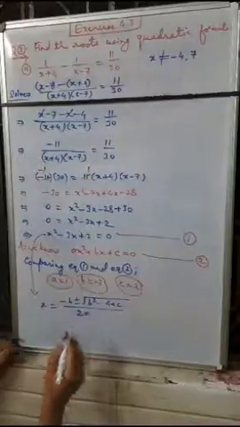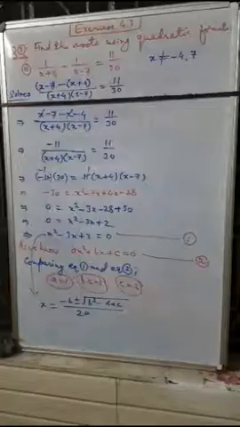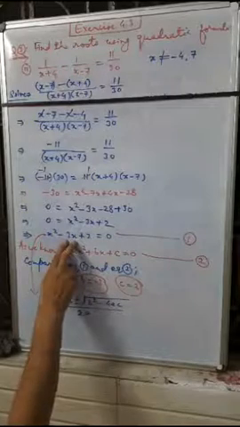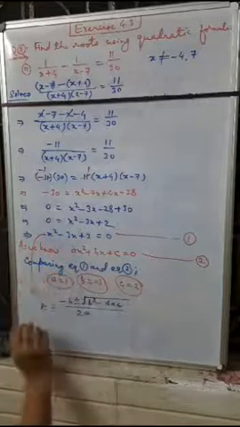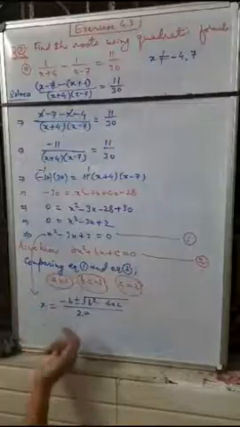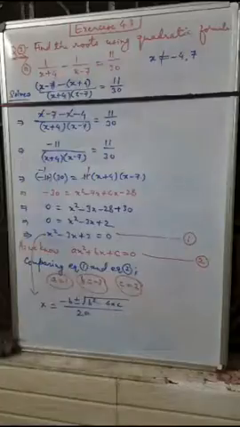It is called the quadratic formula for finding the roots of any quadratic equation. We can also split the middle term, but in this exercise we must find the roots of each problem by using the quadratic formula.